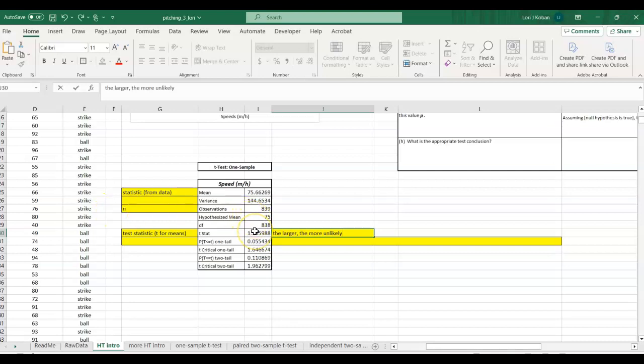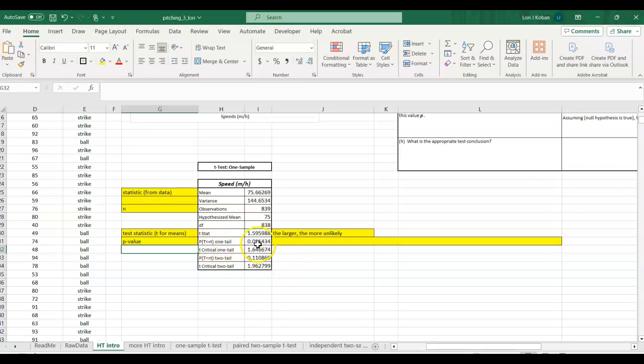All right, so now let's look at this. This P, this probability, is the p-value. Right. So this p-value is the probability of observing your sample data, assuming that the null hypothesis is true.